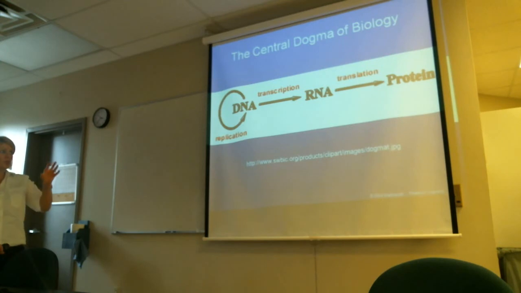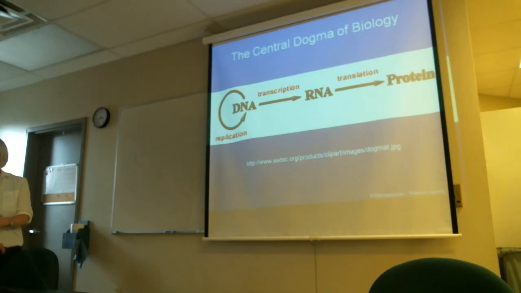So transcription and translation is part of protein synthesis, where DNA replication has to be done only when you're passing that genetic information on to a new cell. And of course that DNA is vital for protein synthesis because it has the information.